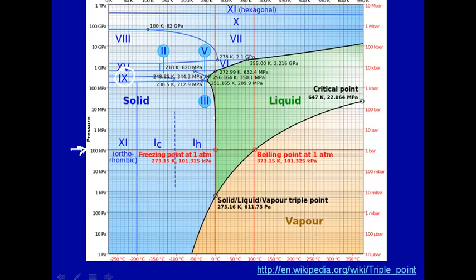But water is different. If you put additional pressure on a solid, you would think it would remain a solid, but no, it becomes a liquid. So that solid compressed in this region here becomes a liquid. That's interesting. And I guess that's it for the phase diagram of water.